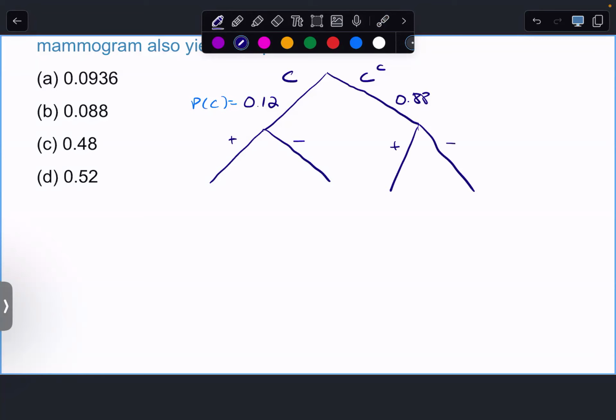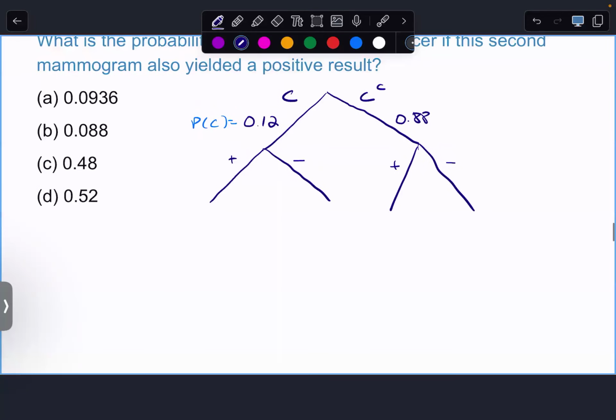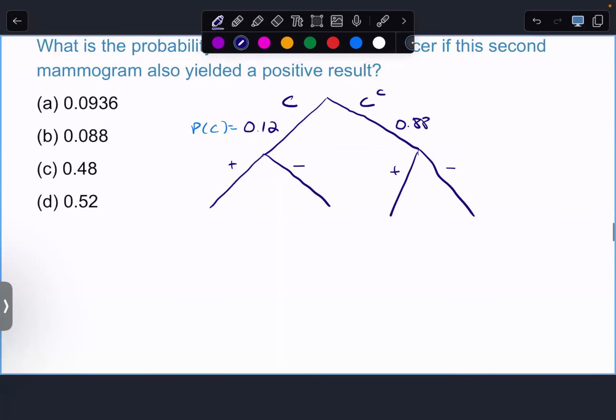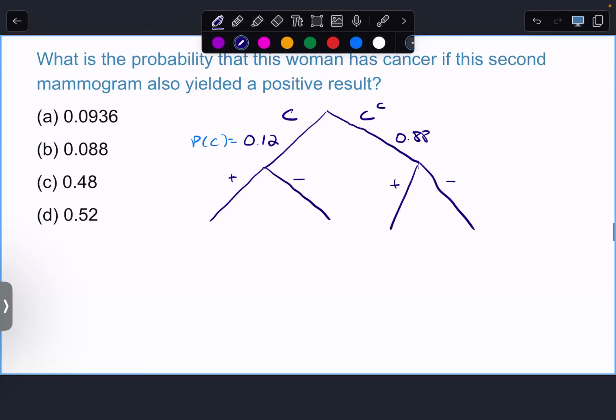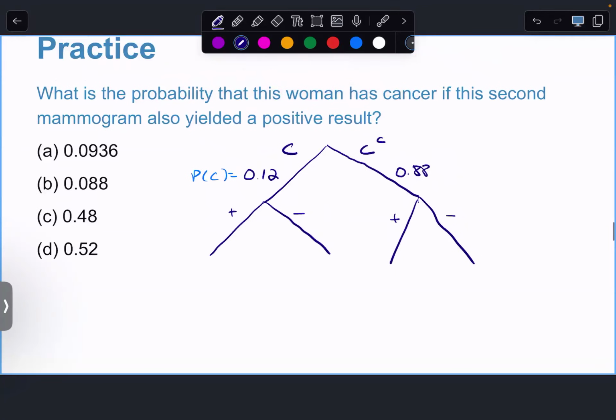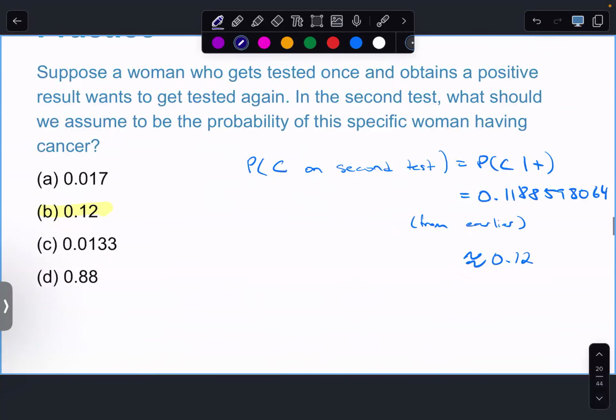Those are the outcomes. And now these probabilities don't change, right?